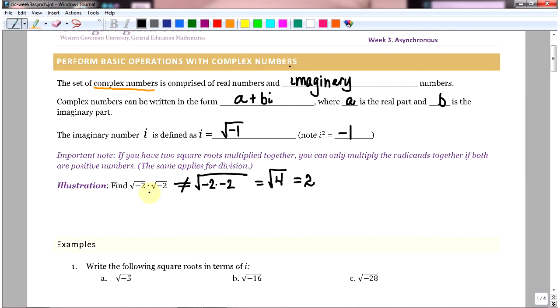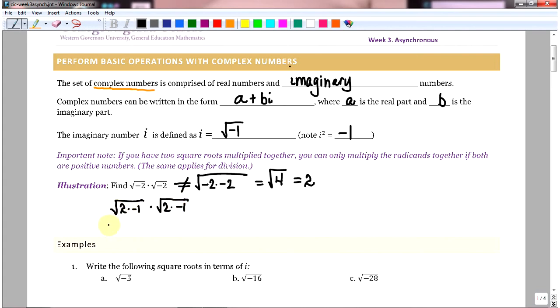Since that is not the case, we have to make sure that we deal with the negative under the square root. Okay, so I can rewrite the square root of negative 2 as the square root of 2 times negative 1. Okay, and I can do the same thing for the second one, 2 times negative 1. Well, now I can break this up.